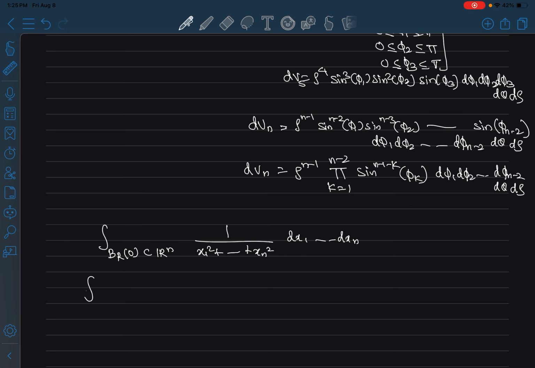So you already know that this will be an integral from 0 to r in rho, and then 0 to 2 pi in theta. All these phi's will just go from 0 to pi.